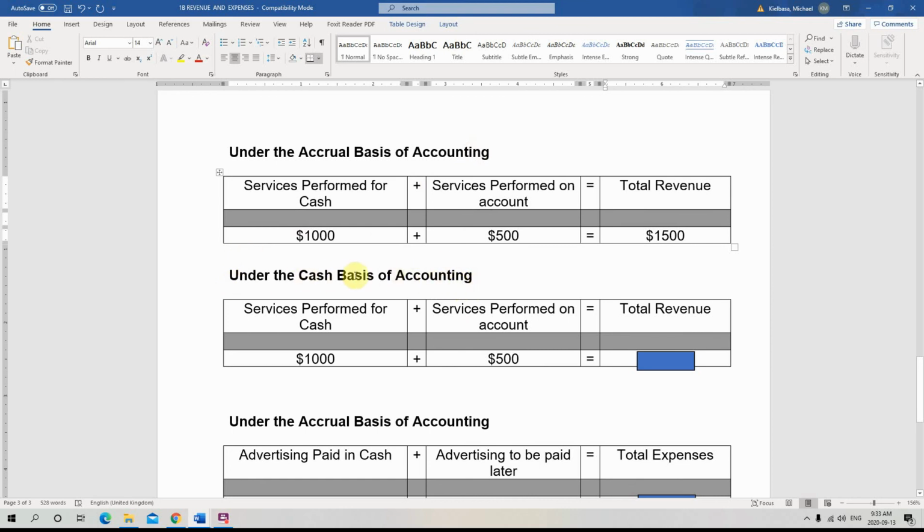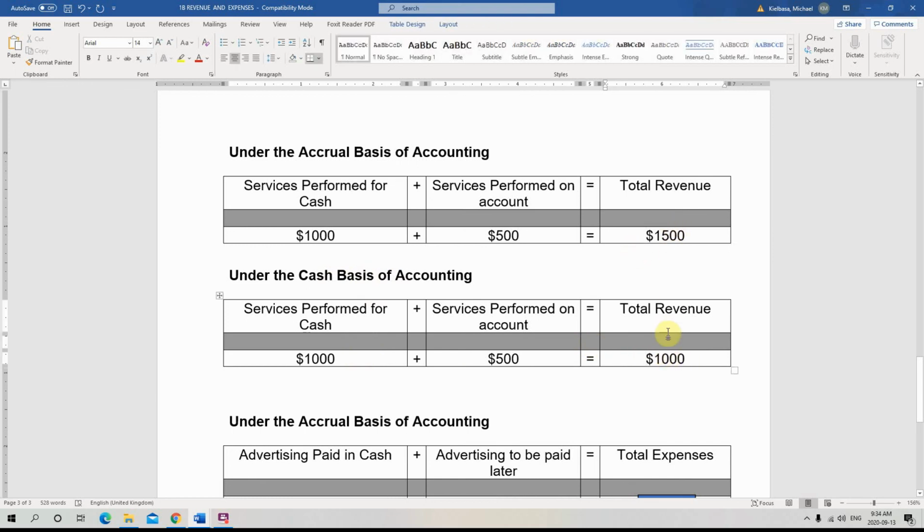So under the cash basis of accounting, it's revenue not necessarily when the service was performed. Okay, it's more important when the cash is received. So was the cash received in this case? Yes. Was the cash received in this case? No. So total revenue under the cash basis of accounting is only $1,000.